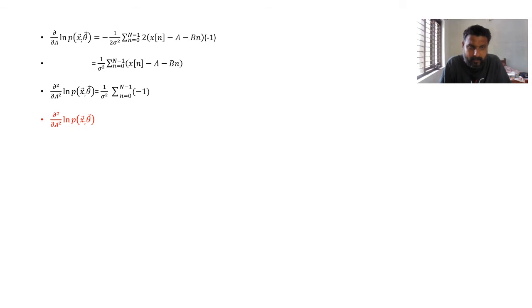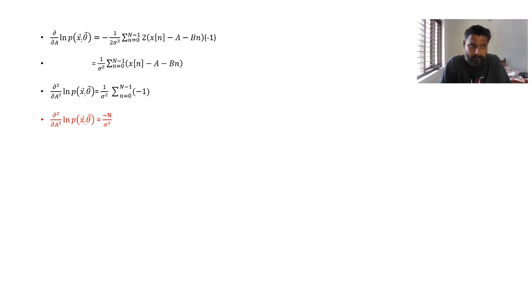Why I have written it is because we have to take the expectation of this one. Even if you are not writing that, it is no problem, directly you can substitute. If you are taking the expectation of dou square by dou a square ln of p of x of theta, it will be expectation of minus n by sigma square, which is nothing but minus n by sigma square itself.